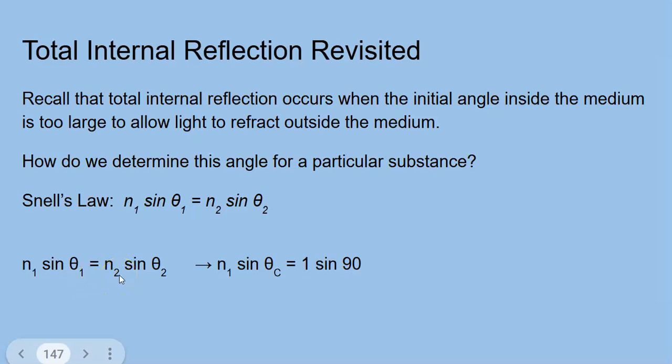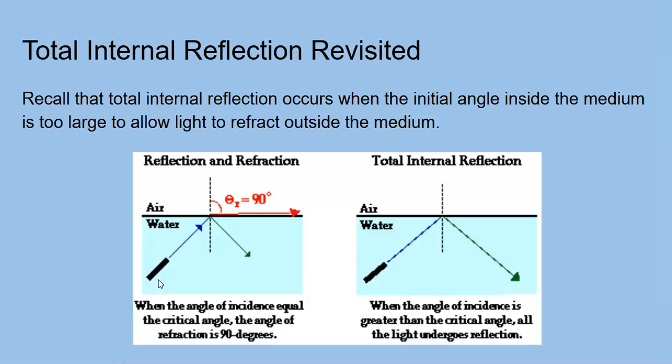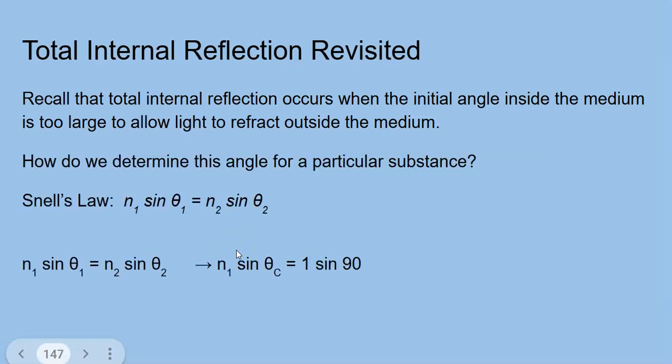N2 is going to be the index of refraction outside, which is presumably air. And sine of theta 2 is going to be sine of 90 degrees, because if we go back one slide or two, that is the refracted angle right here. So we're looking for the minimum angle to cause an exit angle of 90 degrees.